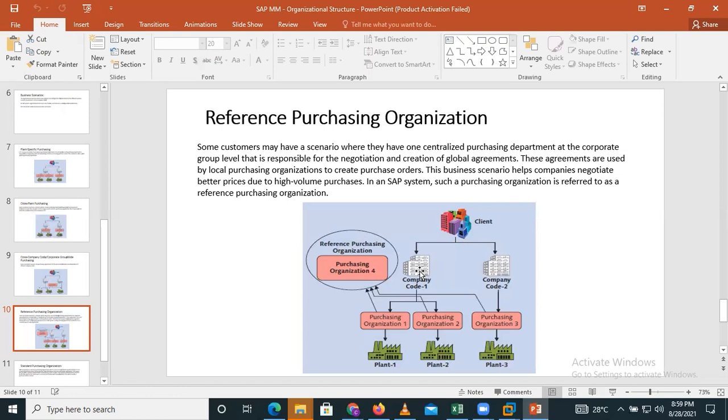So a total of 3 lakh laptops is required. If Vodafone India negotiates separately for 1 lakh laptops, Vodafone Japan negotiates separately for 1 lakh laptops, and Vodafone Europe negotiates separately for 1 lakh laptops, they will not get much benefit, right?